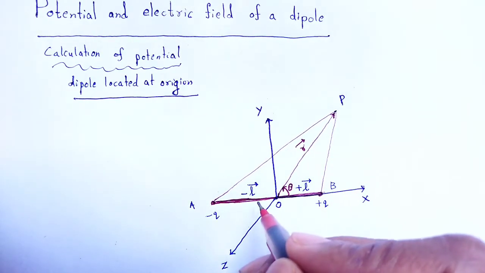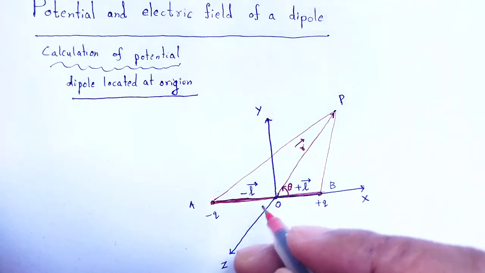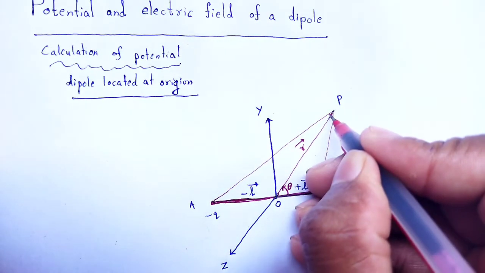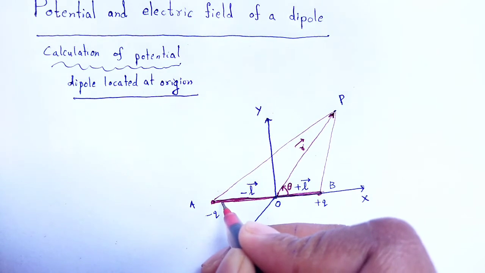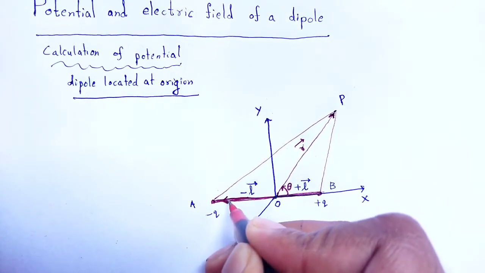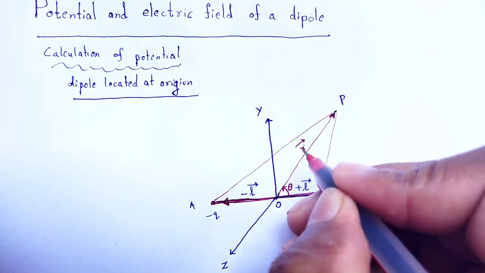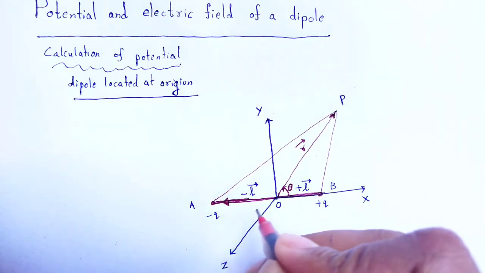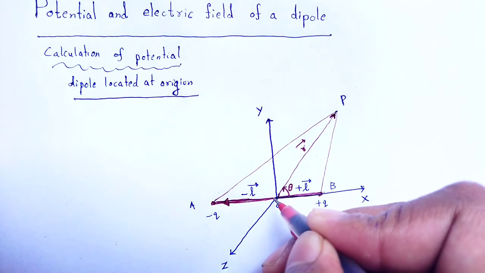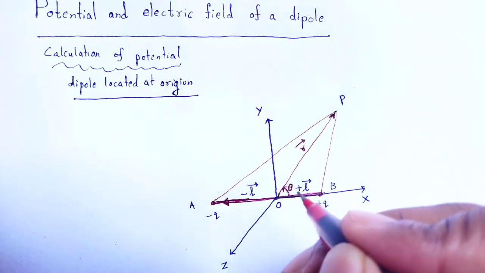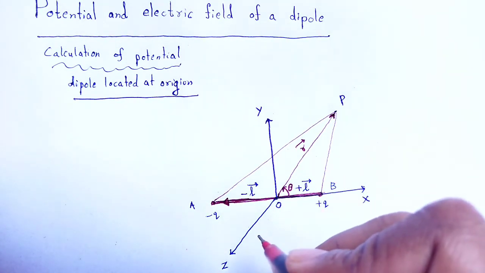Look here, that is the direction. So, in triangle OAP, we can use the triangle law of vector addition.